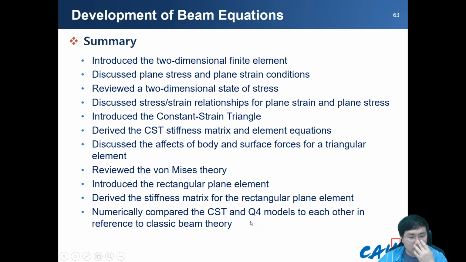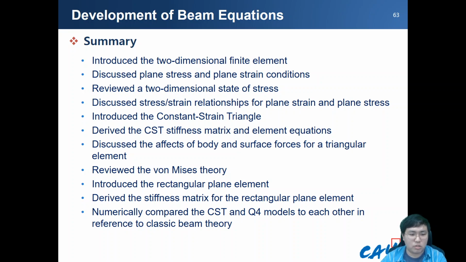So which one is more suitable for representing the result of stress or strain values? After finishing this lecture, you can easily think the QPO element can suggest a more accurate result. However, it's not always correct.